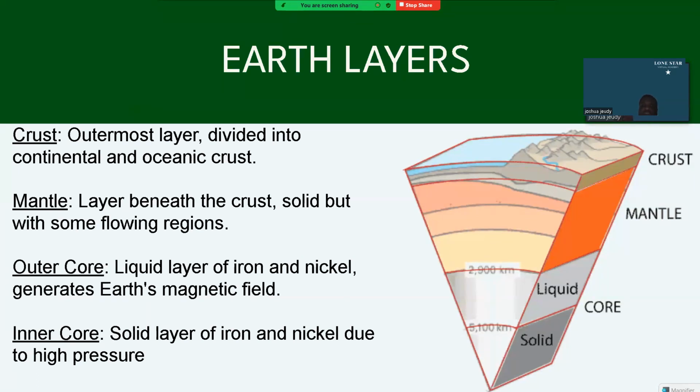Then we're getting on to the outer core. The outer core is getting closer to the deeper part of the earth where it's molten, but it's almost solid, but it is so incredibly hot. It pretty much causes the shifting and movement of the rest of the stuff inside the earth.